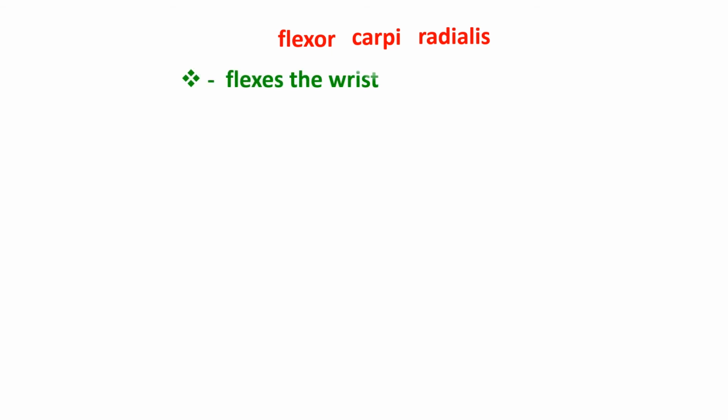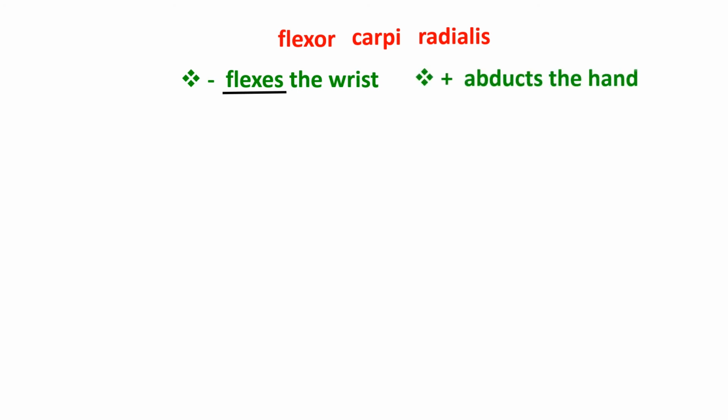Let us summarize our information about flexor carpi radialis. It is a flexor because it flexes the wrist joint, and because it crosses the wrist, therefore it is called carpi, and radialis comes from the radial side. What does it do? It flexes the wrist because it crosses the wrist.